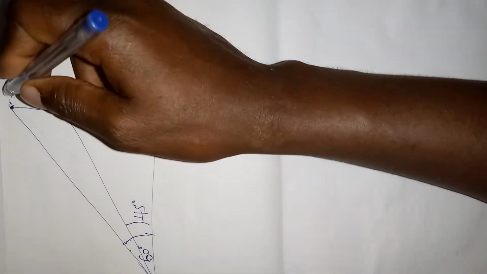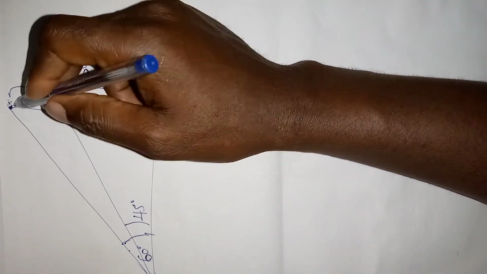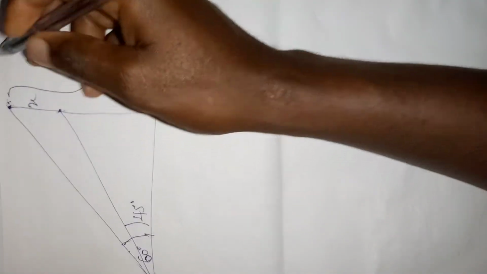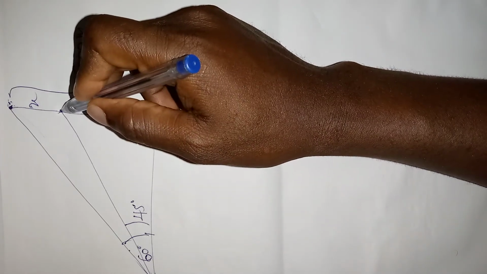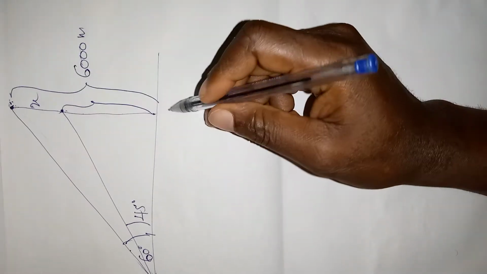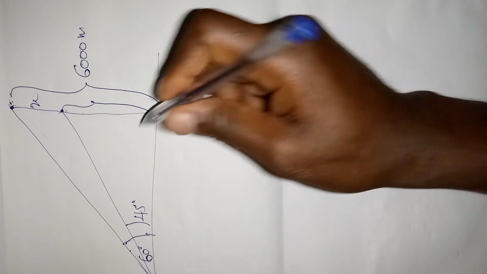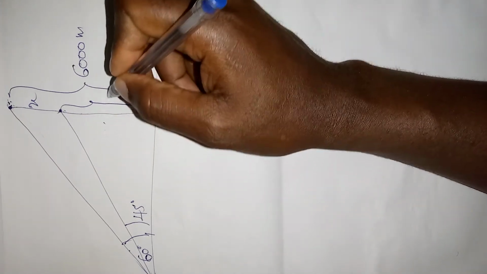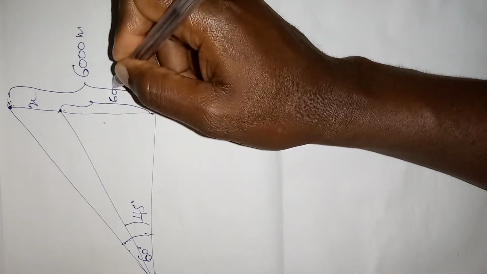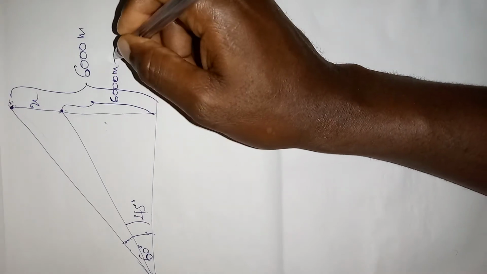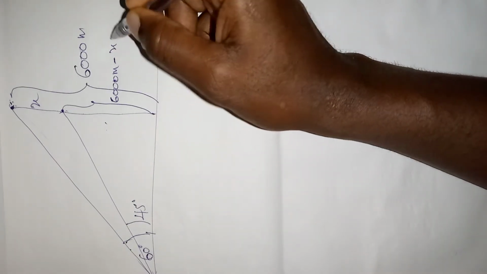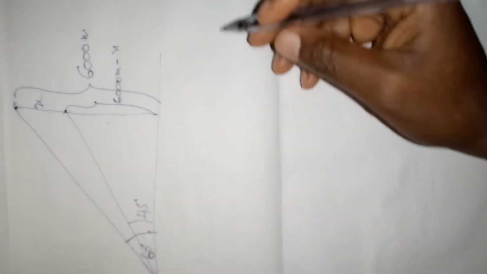So if you let the difference in the height to be x, then the height of the first plane to the ground will be 6,000 meters minus x. That is it.